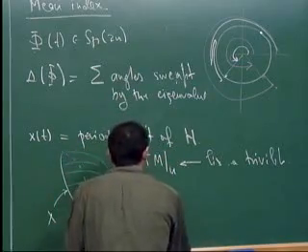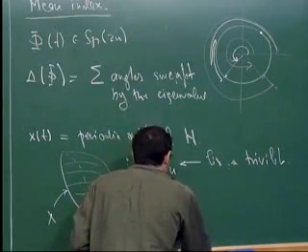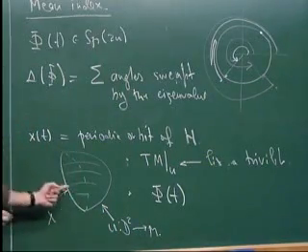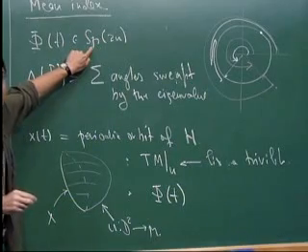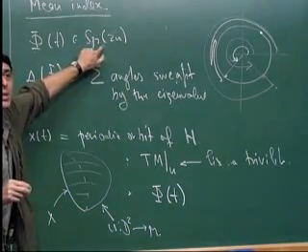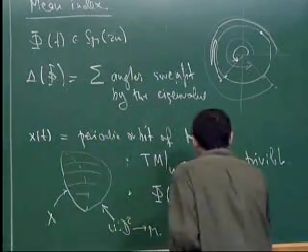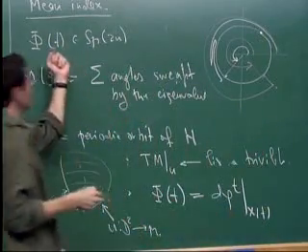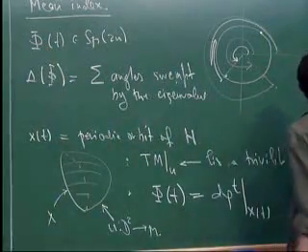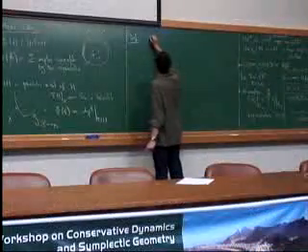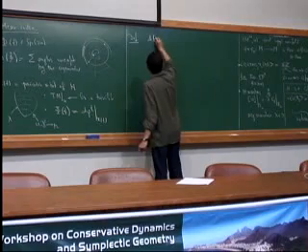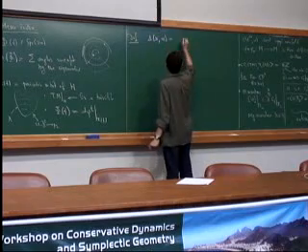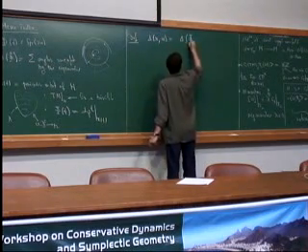With this trivialization, I can treat the linearization of the flow along the orbit as a path in the symplectic group. And by definition, I say that the index of x with respect to this trivialization, with respect to this disk, is equal to the mean index of the path.